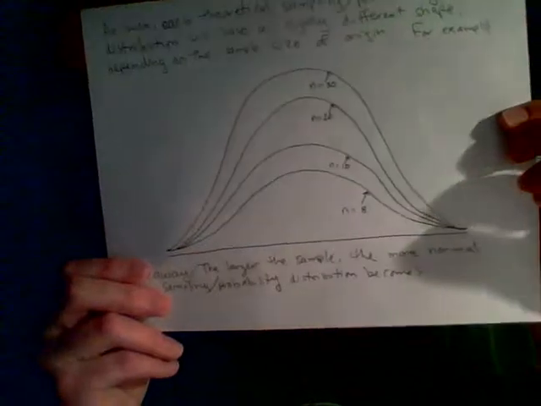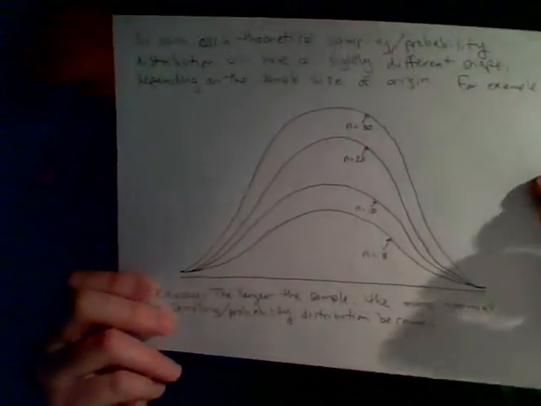And the sampling distribution for the mean, as luck would have it, approximates the normal distribution. In all cases, let me make that clear, the sampling distribution for the mean approximates the normal probability distribution, but the exact shape depends on sample size, right?